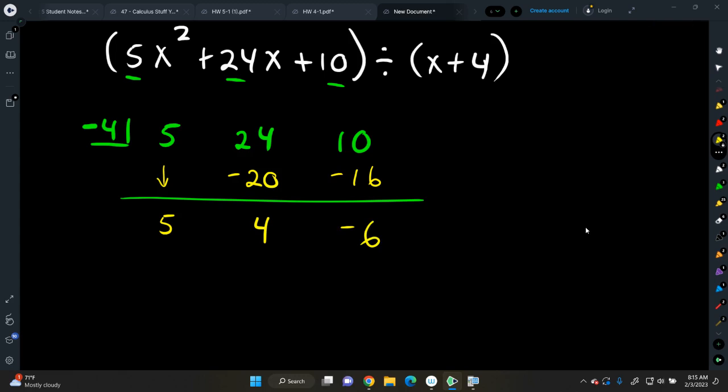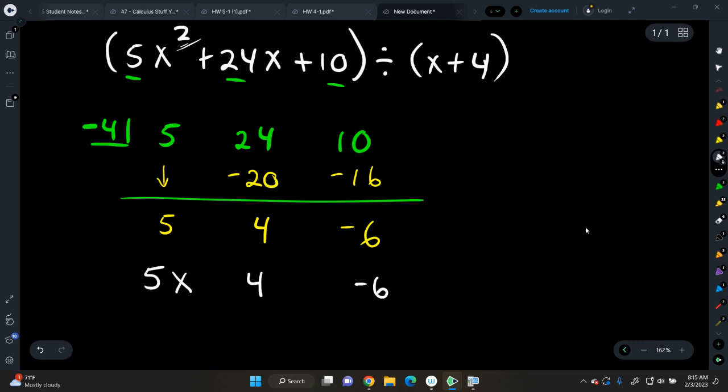Okay, so you did it a zillion times on your homework, right? Okay, so now we've got to write the actual answer, the quotient, right? So these are the coefficients. We have to figure out what variable goes next to it. So I started with x to the second, so the answer is just going to be x to the first.